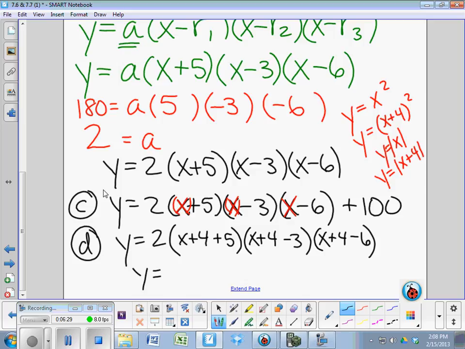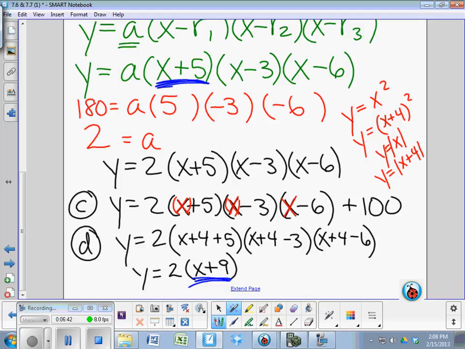Well, what does x plus 4 plus 5 become? x plus 9. Remember, we used to have an x-intercept of negative 5. Now we have an x-intercept of negative 9, which is 4 units to the left. We used to have an x-intercept of, up here, positive 3.